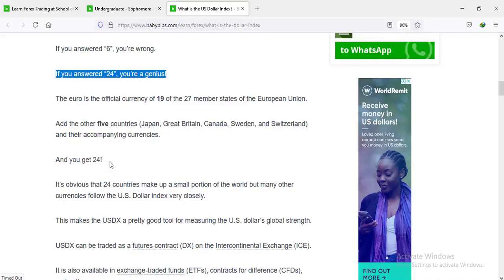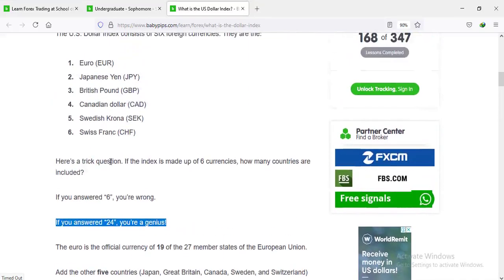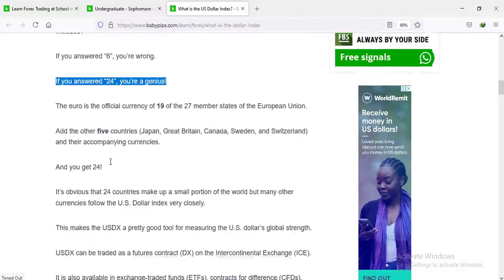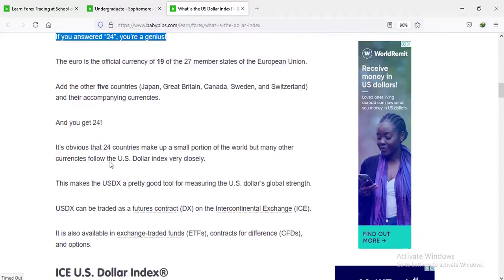So the 24 countries make up the Eurozone that are traded against the US dollar. To put it very simply, all these other currencies are traded against the US dollar.